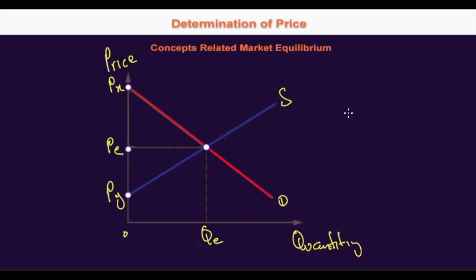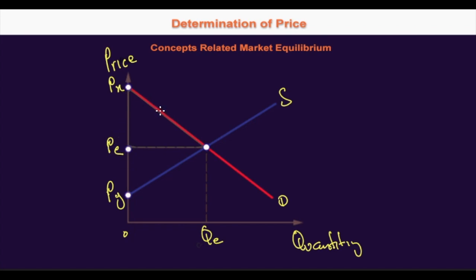We would also look at concepts such as consumer surplus and producer surplus. Consumer surplus is derived whenever the price a consumer actually pays is less than they are prepared to pay. A demand curve indicates what price consumers are prepared to pay for a hypothetical quantity of a good based on their expectations of private benefit. For example, Px would be the maximum that the consumers are prepared to pay for this quantity, but actually they are paying only the equilibrium price.